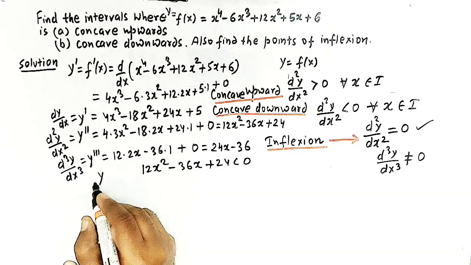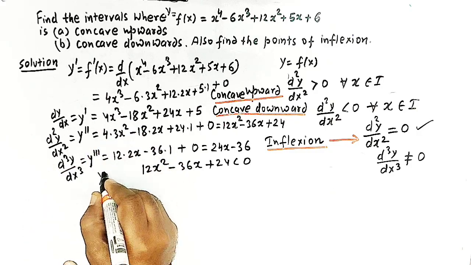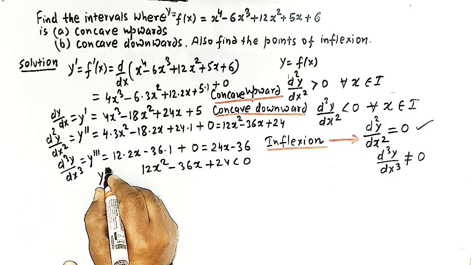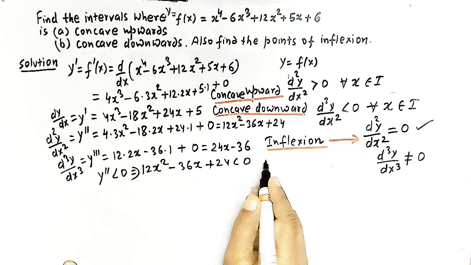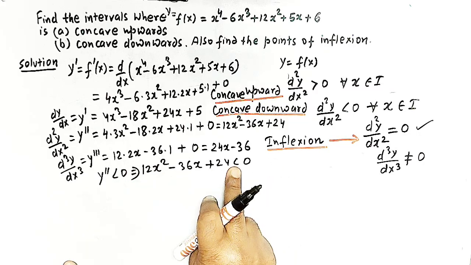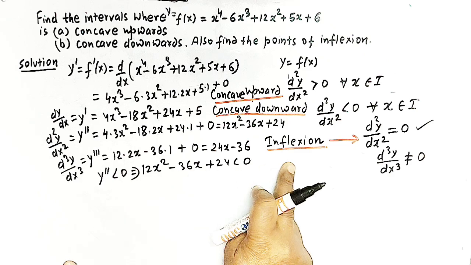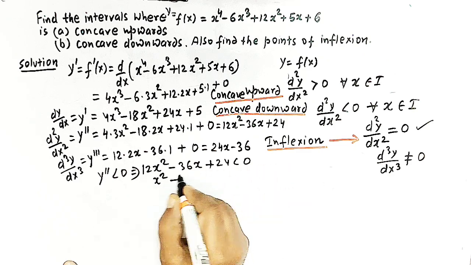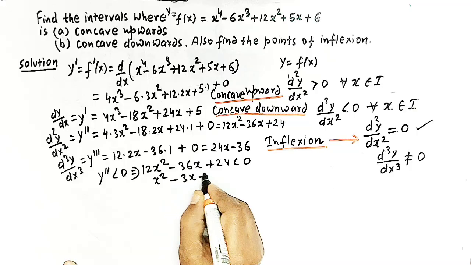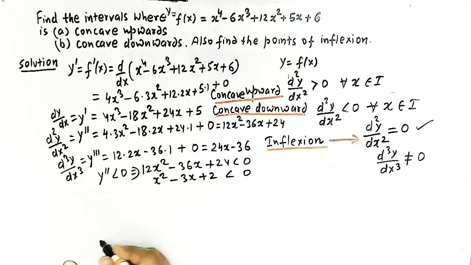So we have this condition for concave downward, that is y double prime is less than 0, right? So we have seen that here we can divide both sides by 12. So we have x square minus 3x plus 2 is less than 0.